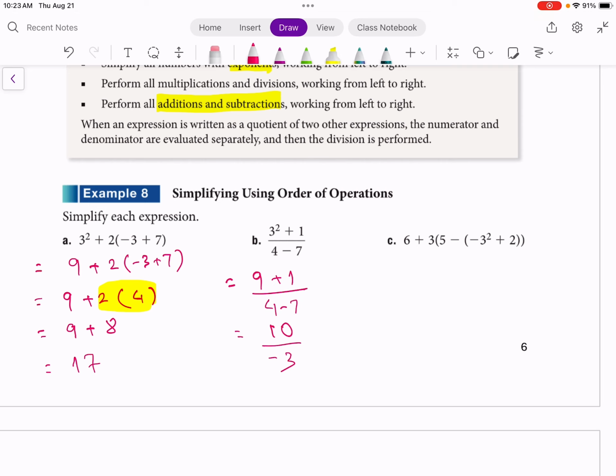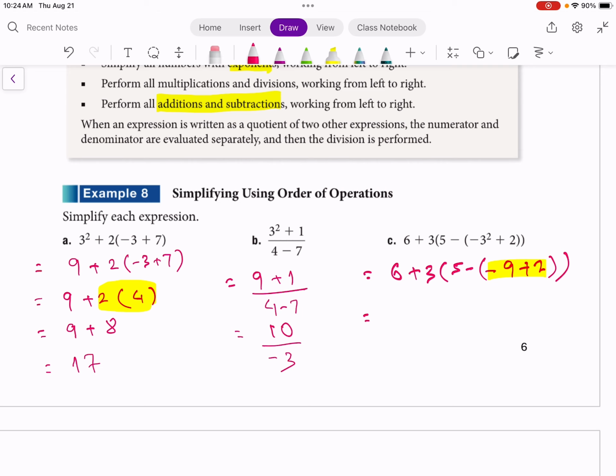Okay, for C, we have an exponent here. So let's simplify this. So we have 6 plus 3 times 5 minus... what is the square? Oh, this is not this. So we have a parenthesis, and negative 3 square is 9 plus 2. Now what will be our next step? Which one are we solving? The innermost parenthesis, right? Negative 9 plus 2.